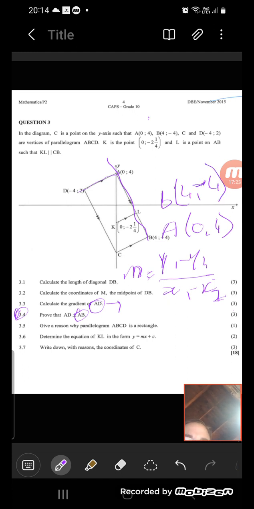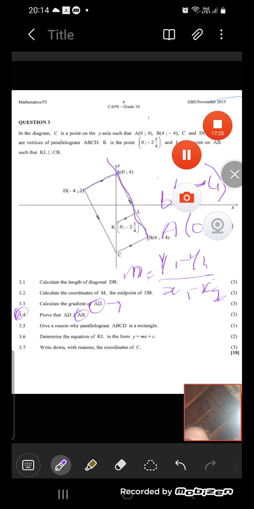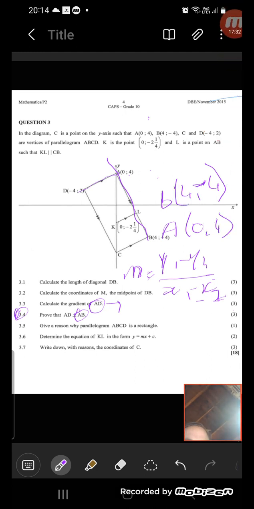Remember to put the minus, please put the minus. Now you can say this can be x1, y1, x2, y2. Pop them in, find the gradient. If this gradient times this gradient is equal to minus 1, put the minus 1 in, and Bob's your uncle.